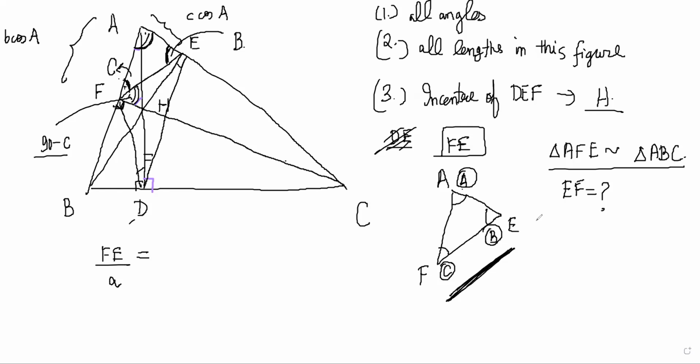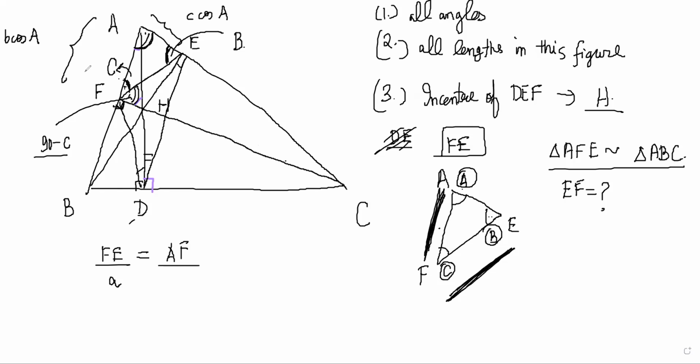In triangle AFE, which side is opposite to angle B? AF. And in the big triangle, which side is opposite to angle B?